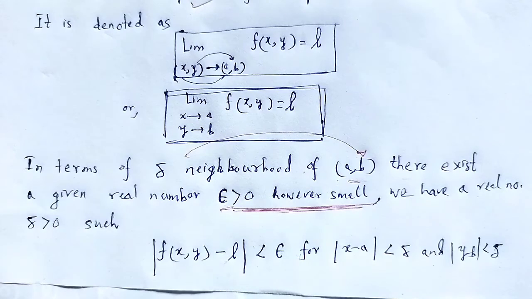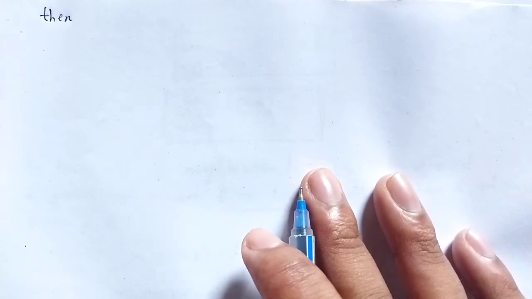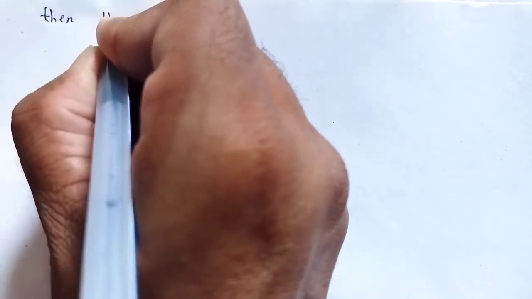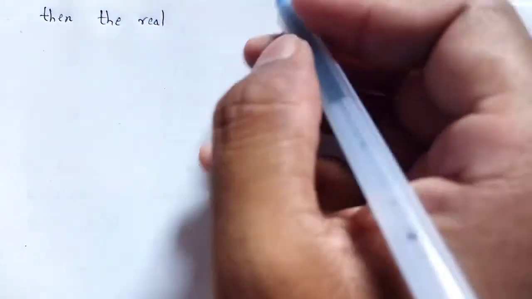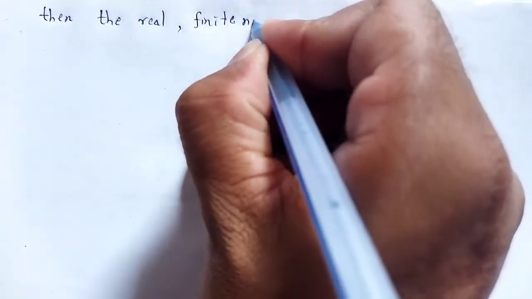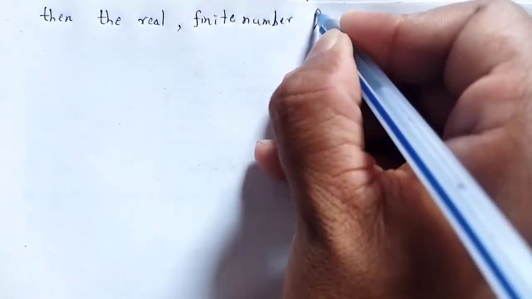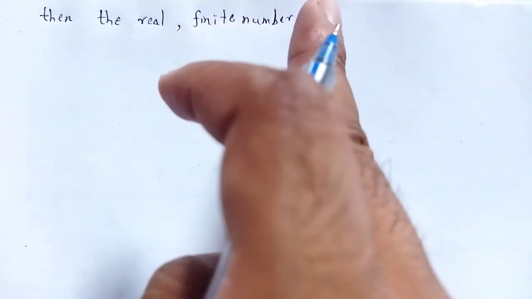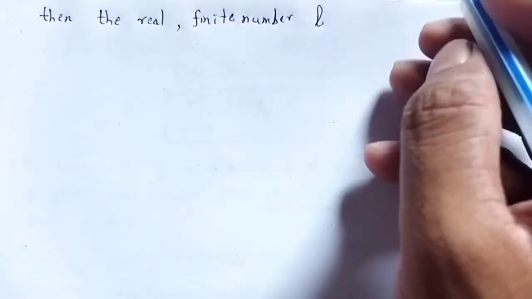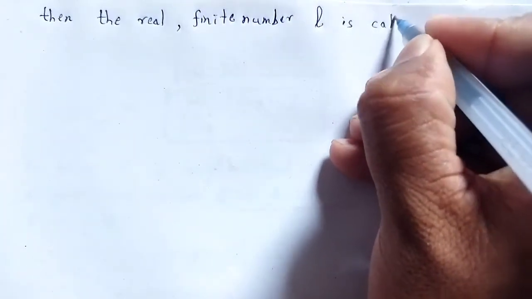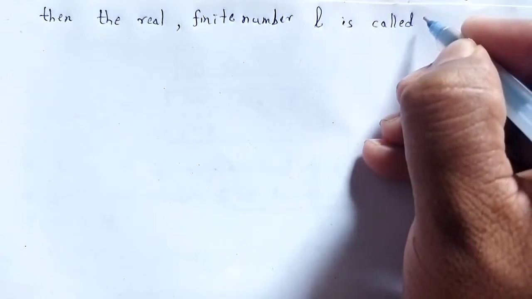Then the real and finite number small l, that is the limiting value, is called the limit of the function.